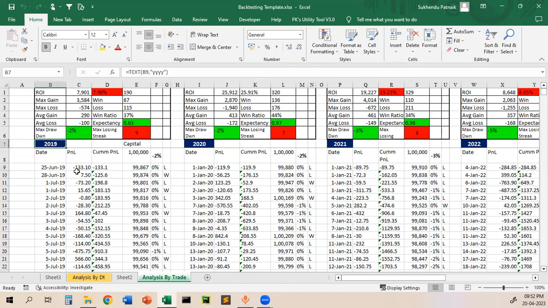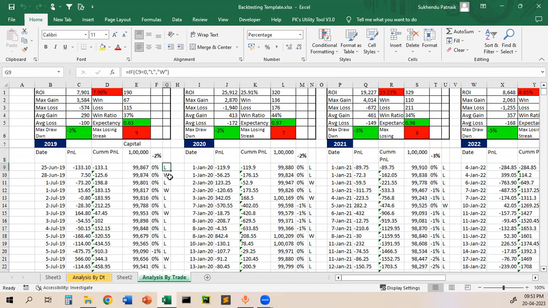So for this 2019, these are the dates and these are the P&L, where you did not take the actual buy or sell, but the P&L only. Now, max drawdown is calculated based on the difference with the capital or the maximum capital. So whatever number comes here in column F for the year 2019, the minimum of that is the maximum drawdown.